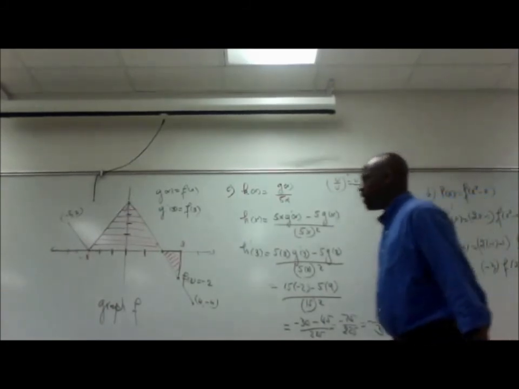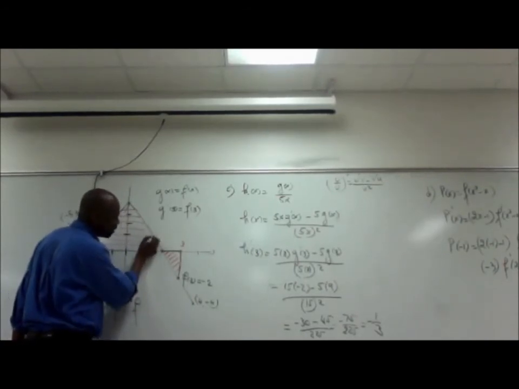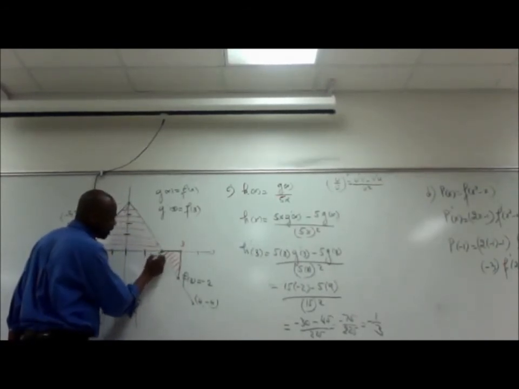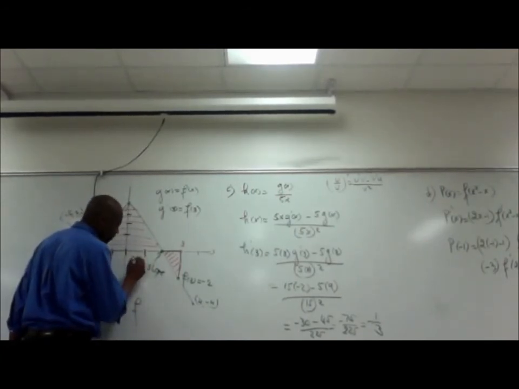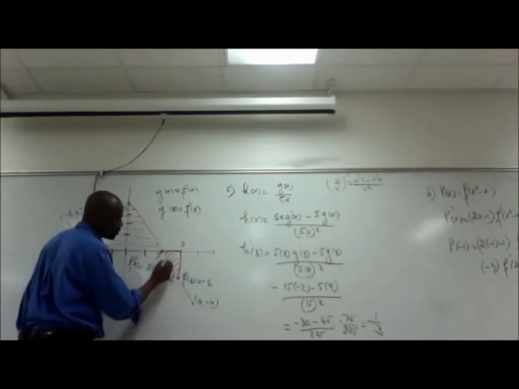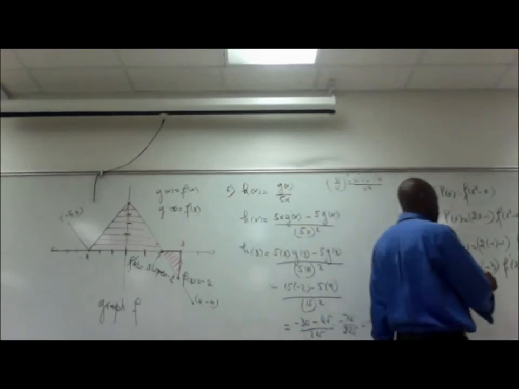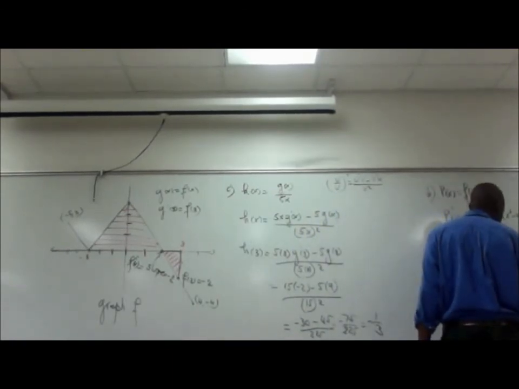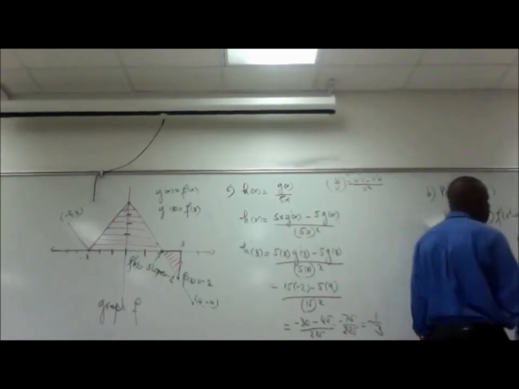Now if you look at this line here, the slope of the line is f prime of x. It's going down 2 over 1, so f prime of 2 is -2, so that is -3 times -2, which is 6.